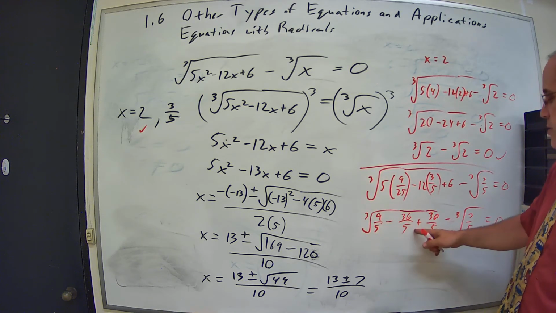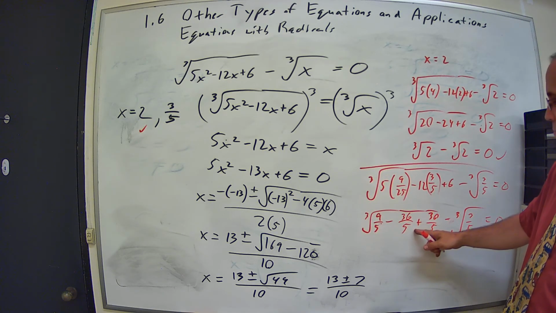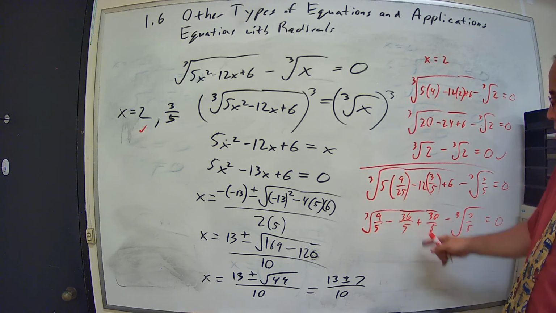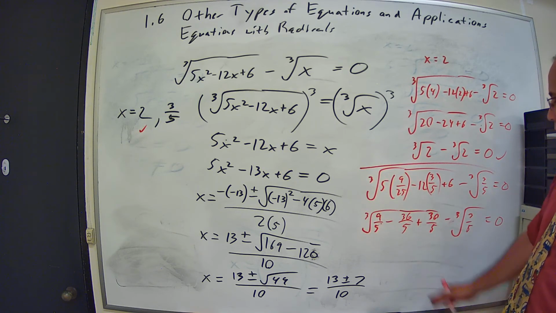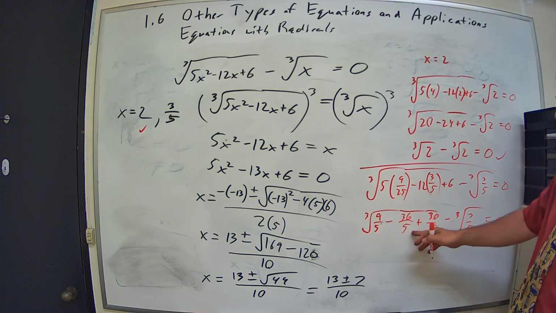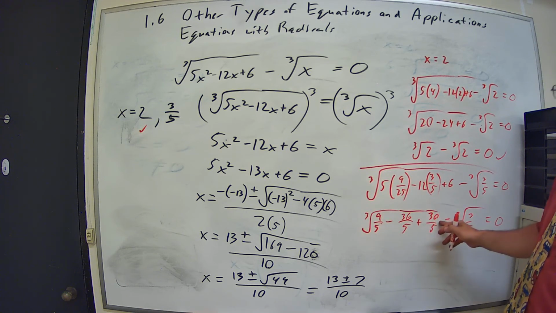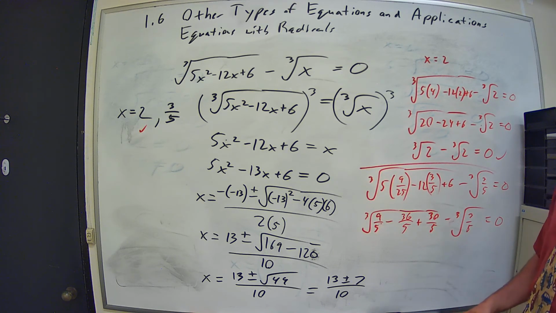So 9 minus 36 gives you negative 27, right? So negative 27 plus 30 gives you positive 3.